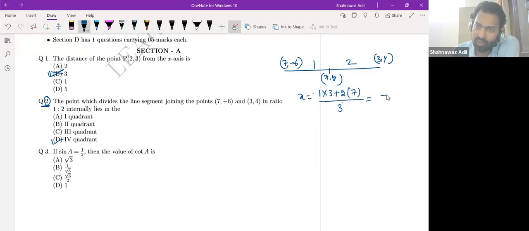So obviously this is positive. And then y, which is my2 plus ny1: 1 into 4 plus 2 into minus 6, divided by 3. So obviously this is minus 12 over 3, so this would be negative. So this is positive, negative, which means the fourth quadrant, right?